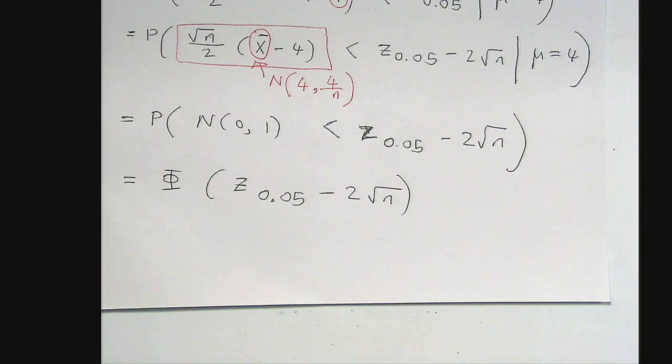That's why I use this one, not this one. You understand that? Because under the alternative mu is equal to 4, under the null mu equal to 0. 4 is greater than 0. Are you guys okay with that or not?